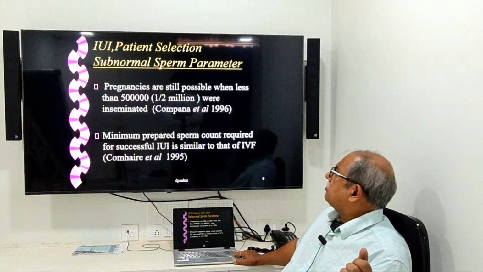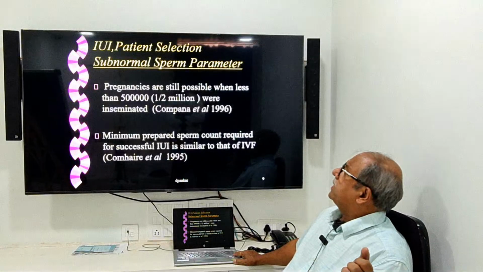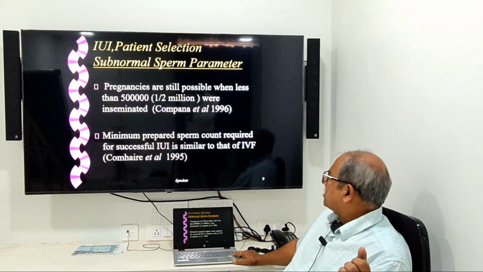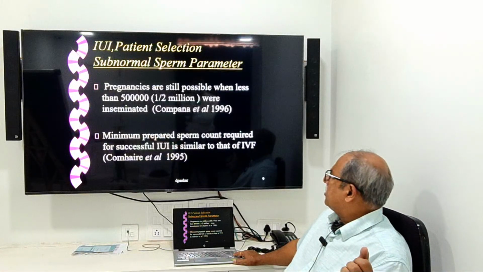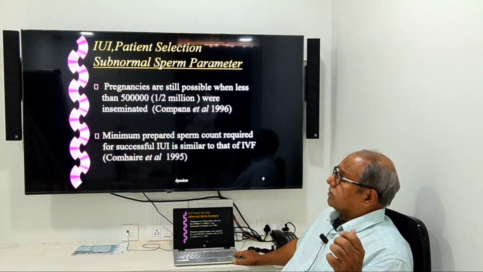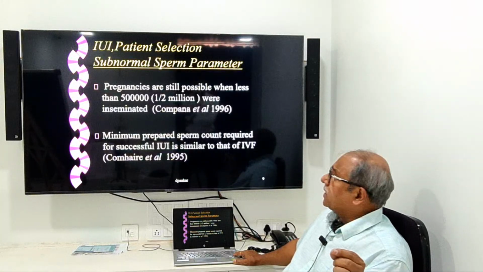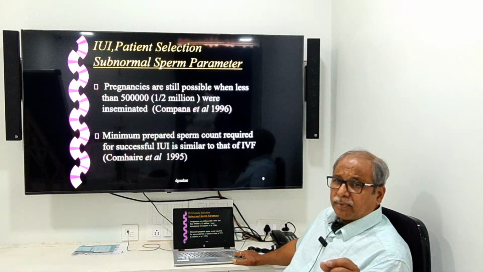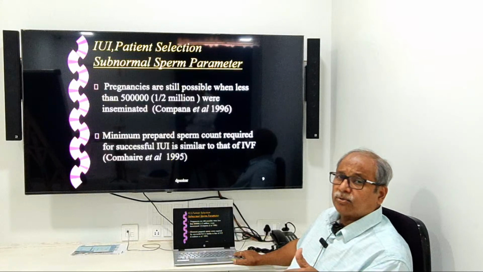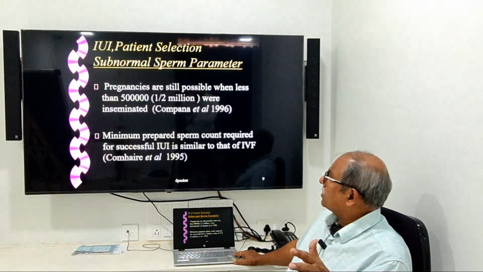Pregnancies are still possible when less than half a million were inseminated. The minimum prepared sperm count required for successful IUI is similar to that of IVF. Again, this point is very important: after preparing the sperm, the final prepared count should be a little bit more.